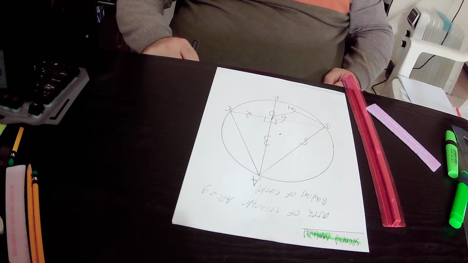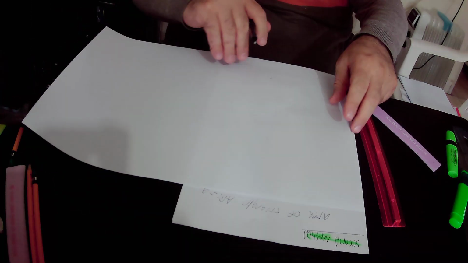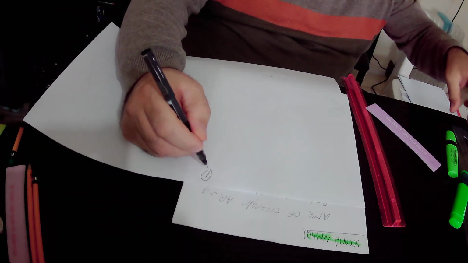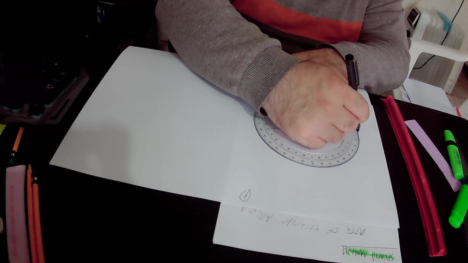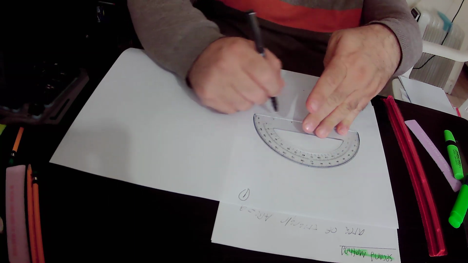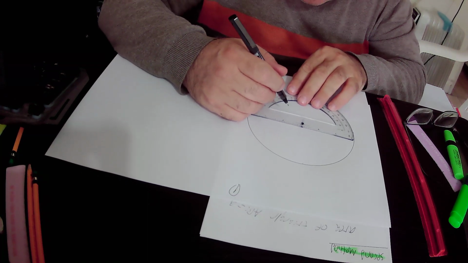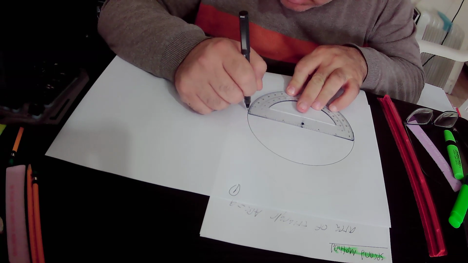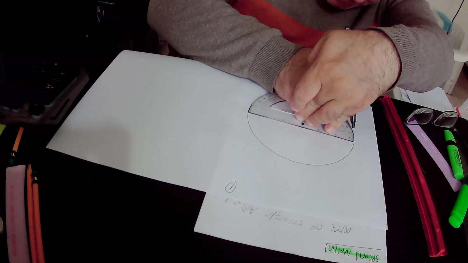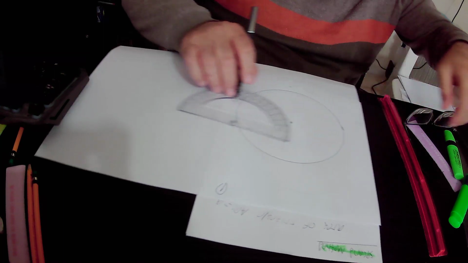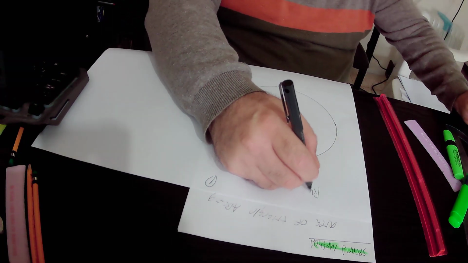So here we have rule number 1. If we have this circle, this is rule number 1.